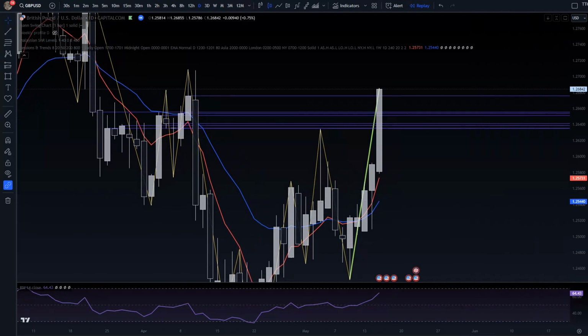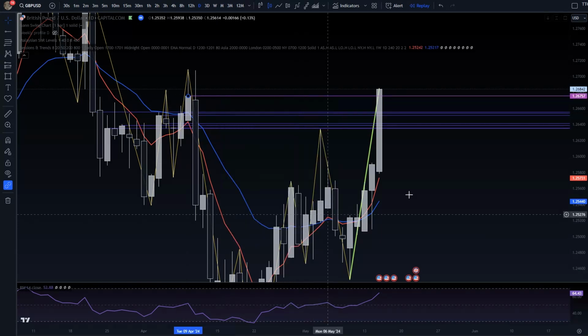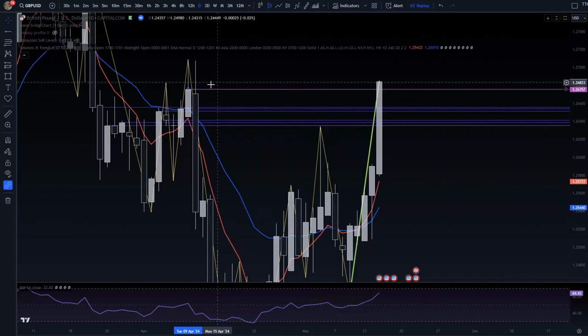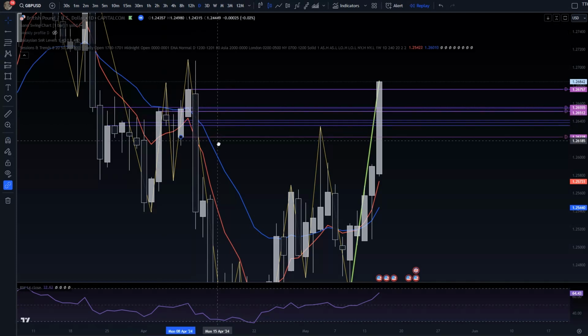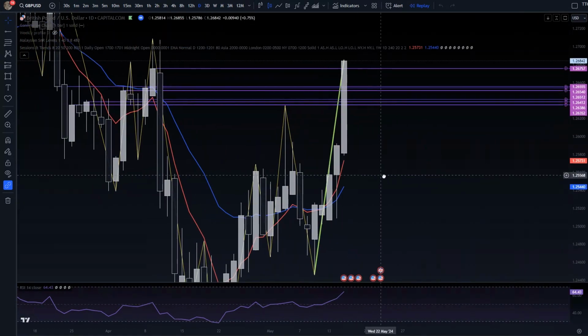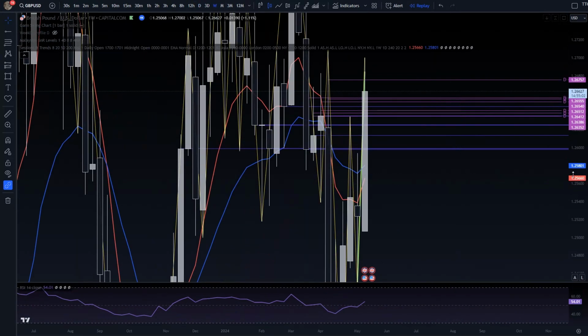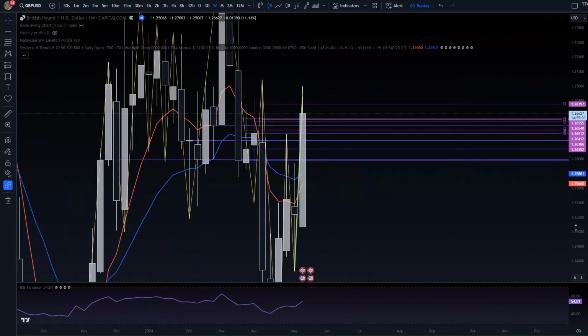Then I mark the levels using rays and assign my daily drawing template to them. After that, I switch to the weekly time frame and also search for fresh levels of support.